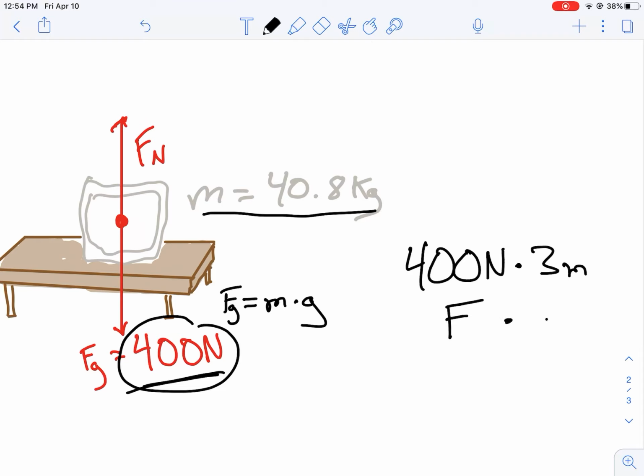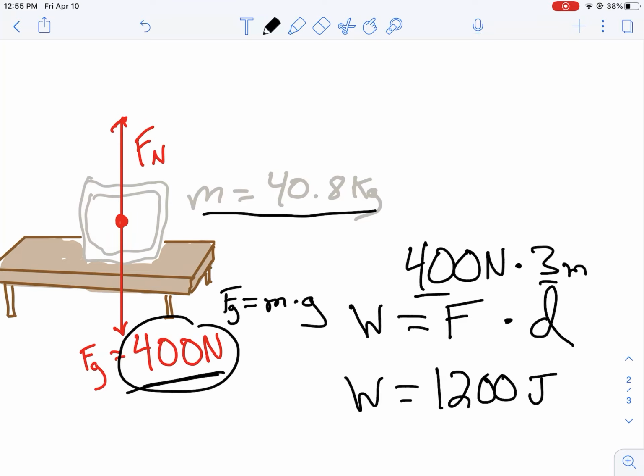Force times distance equals 1,200 joules. 400 times 3 is 1,200. And what is this force times distance? That's work. So you can think about it in two different ways.